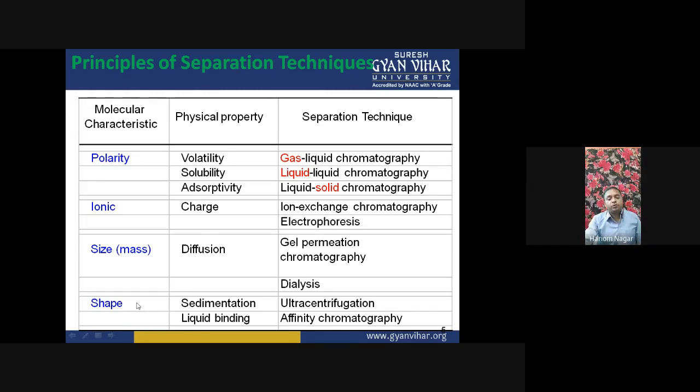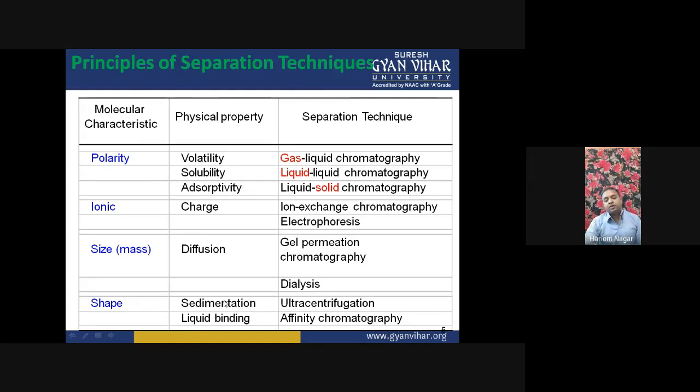Now the shape of the molecules. On the basis of the shape of the molecules, separation techniques like ultracentrifugation and affinity chromatography are best. The physical property responsible for the separation of the components is sedimentation.